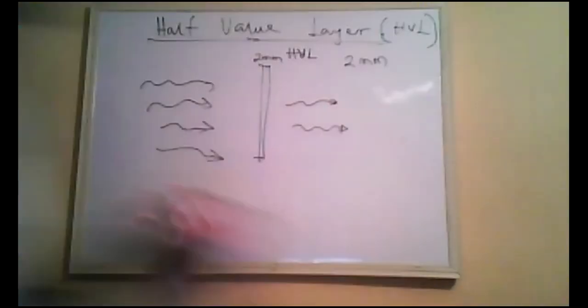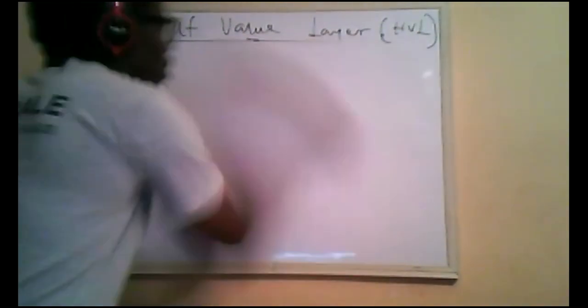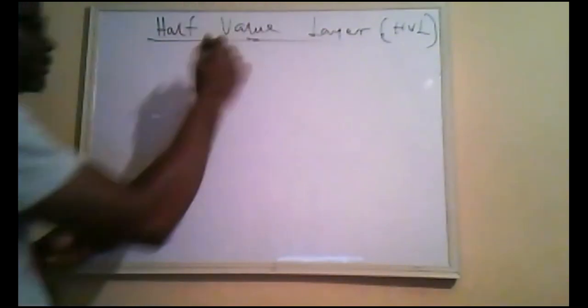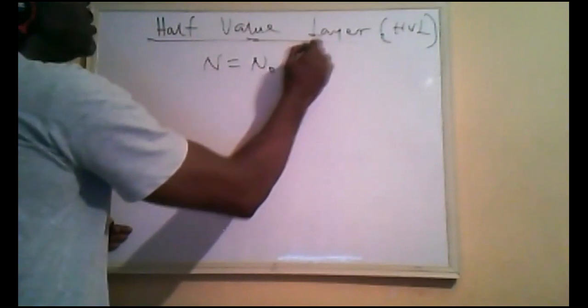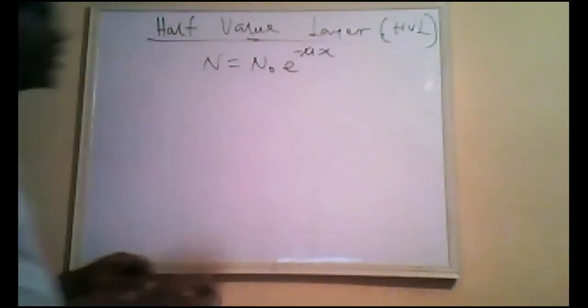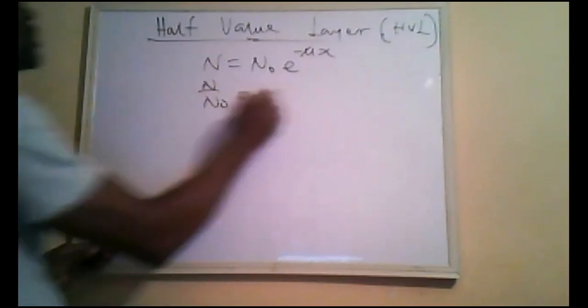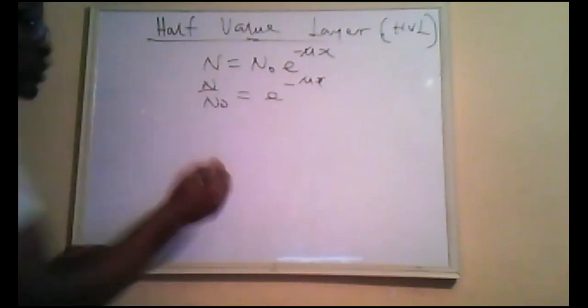I can still use that equation to do the calculation. For HVL, N over N naught should just be half.